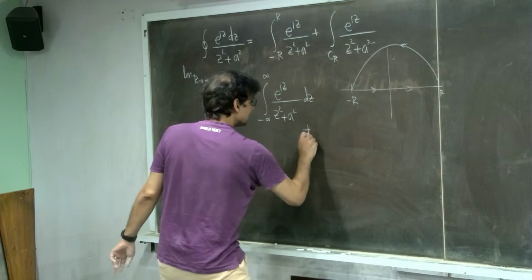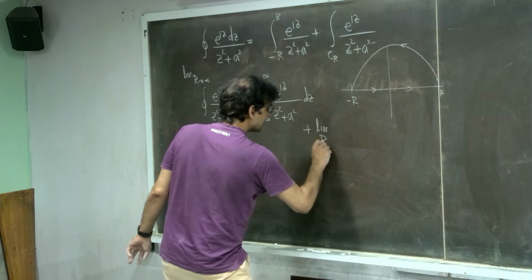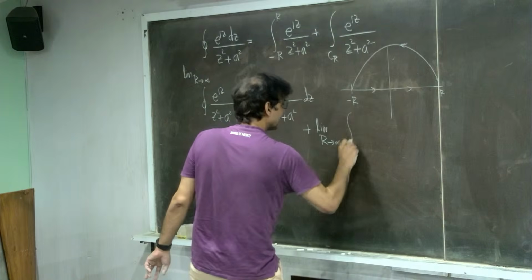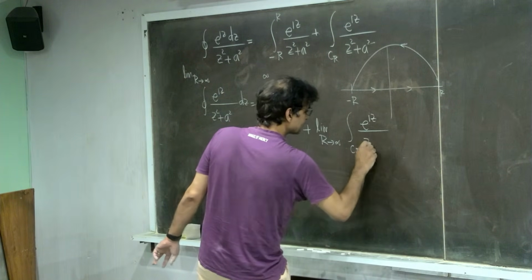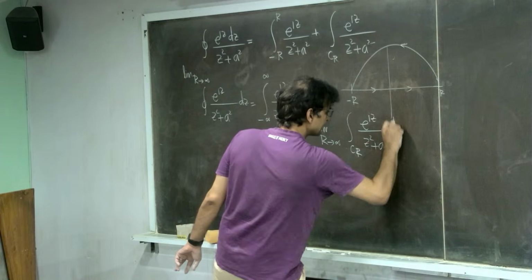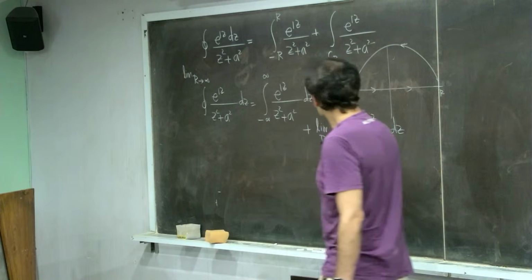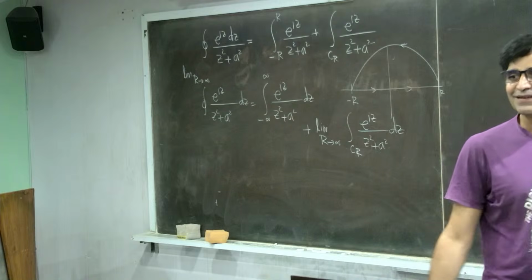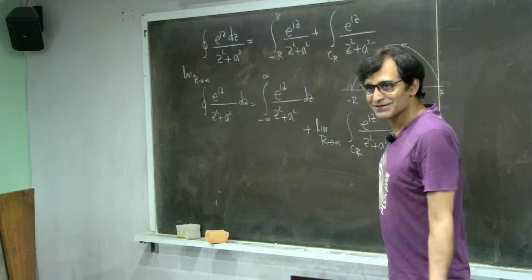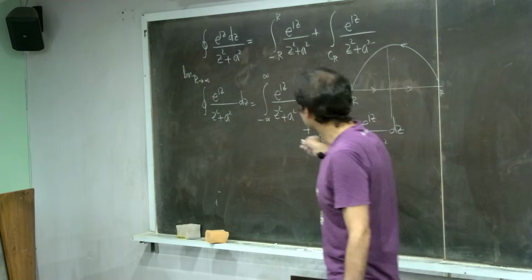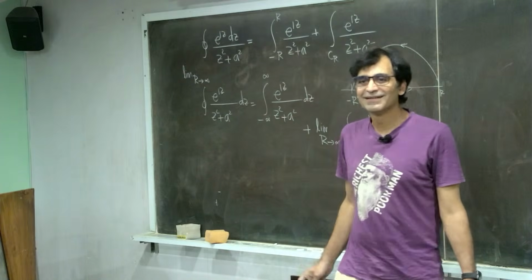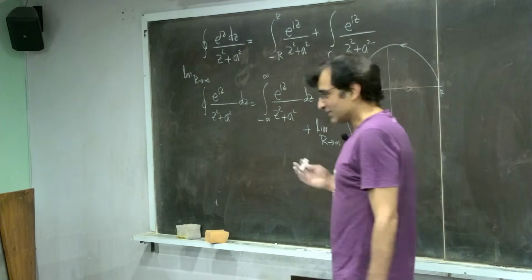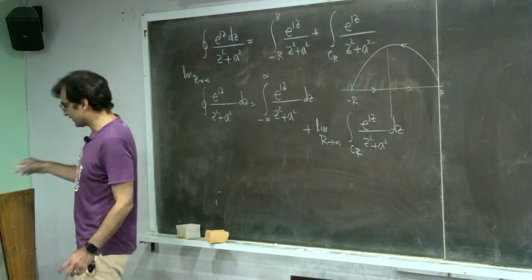Plus the limit r tends to infinity of the integral over CR of e to the power iota z over z squared plus a squared dz. You remember we solved this integral a short while ago. What was the answer of this integral? This answer is 0 by virtue of Jordan's lemma. So it means that if you calculate this integral, you can easily calculate this integral then. So let's do it. And if you have any question, please.